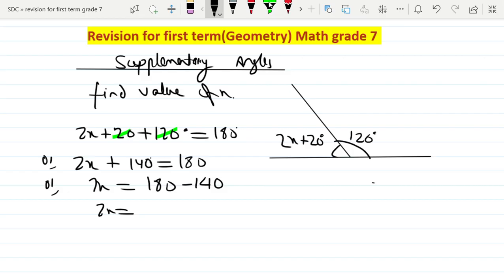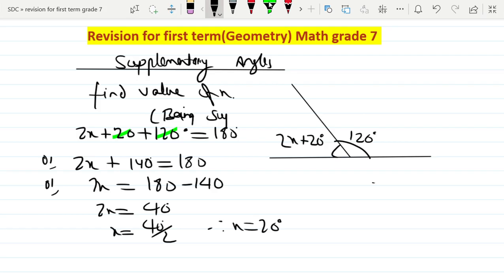So this will give you 2x equal to 40 degree. So x equal to 40 degree divided by 2, so you get x equal to 20 degree. And the reason is, being supplementary angle. Now I go with another example of the same kind.